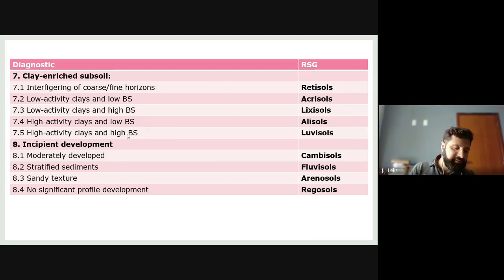I can easily see the layers because they are so incipiently developed. So we can easily see those materials and how they represent the parent material.